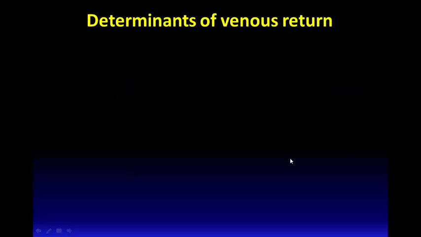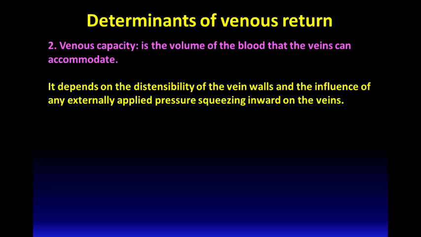The second factor which influences the venous return is the venous capacity, which is defined as the volume of the blood that the veins can accommodate. It depends on the distensibility of the walls of the veins and the influence of any externally applied pressure squeezing inward on the veins.